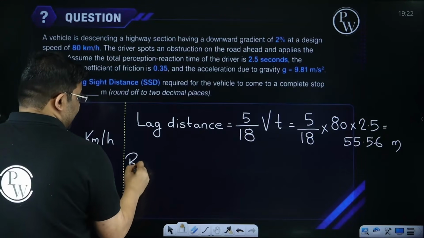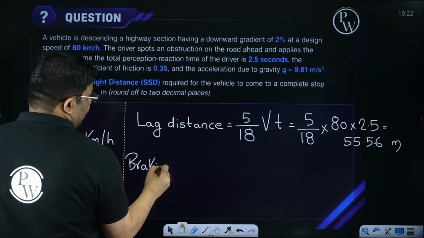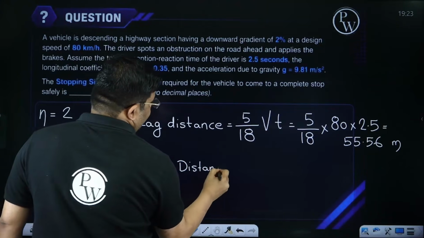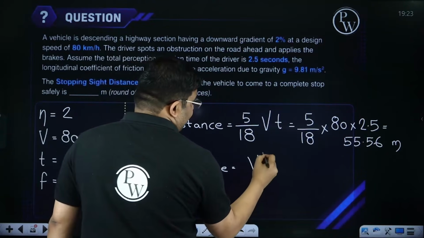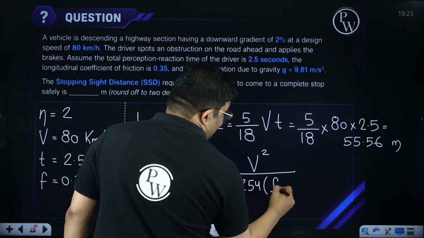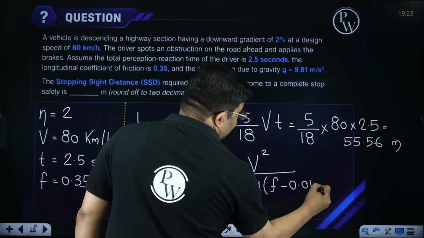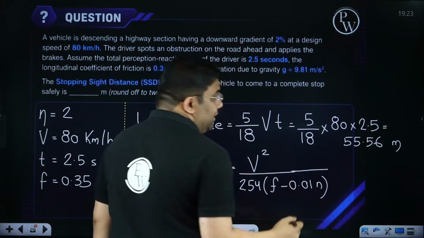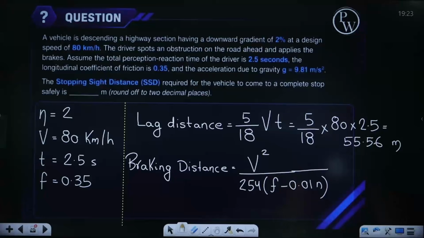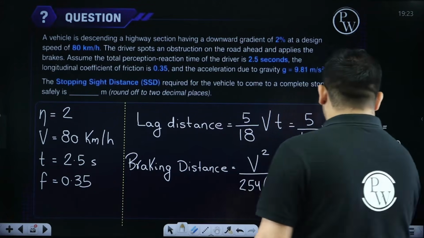Now the braking distance will be equal to capital V square by 254 into (F minus n). Why minus? Because this is a downgrade. I have told you I'll use plus for upgrade, or going up, and I'll use minus when I'm going down gradient. So I'll put the values.